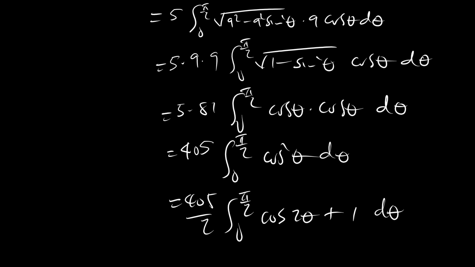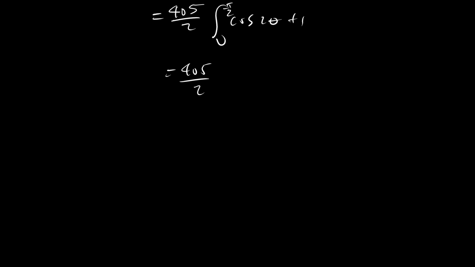And so let's continue and see how we may. So since our problem became 405 over 2 integral of cosine 2 theta plus 1, 0 to pi over 2, this becomes 405 over 2, and we have positive a half sine 2 theta plus theta, 0 to pi over 2.